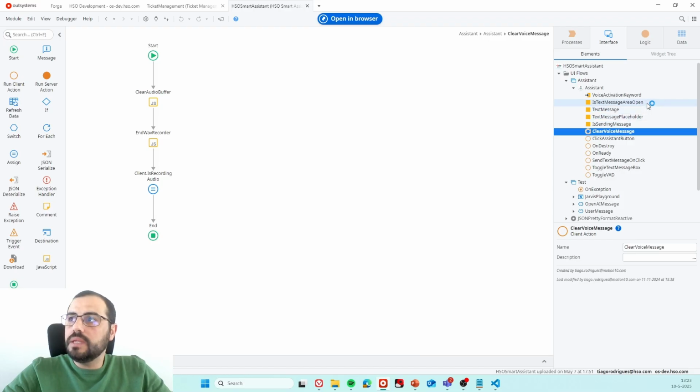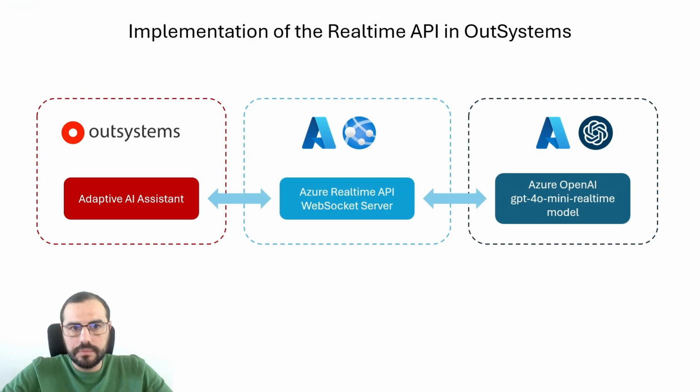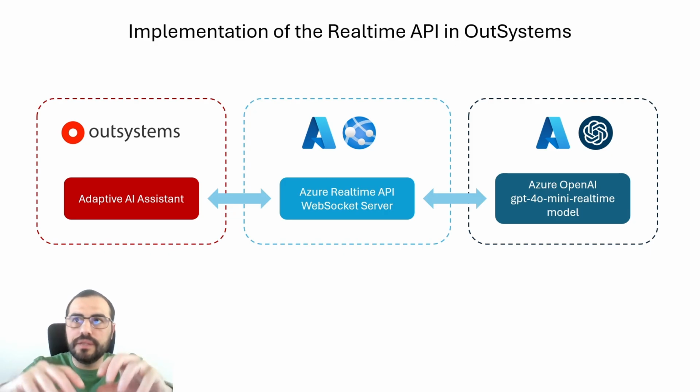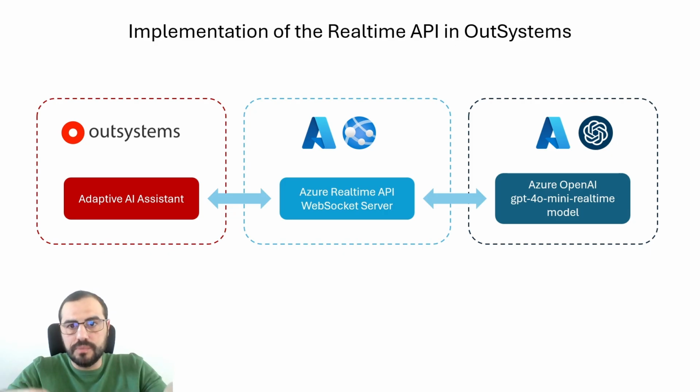And let me now introduce a bit what I had to build besides the typical OutSystems code. You can see here how I am interacting between OutSystems and OpenAI. In this case, I'm using Azure OpenAI, but it is exactly the same.